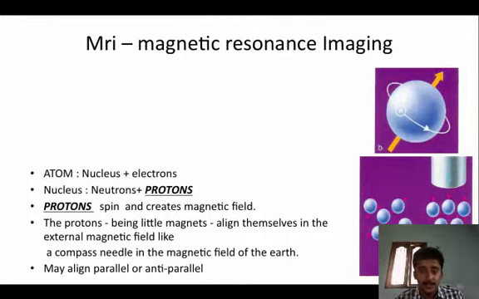Any atom consists of a nucleus and electrons. The nucleus consists of neutrons and protons. Neutrons are neutrally charged, they have no charge, but a proton has a charge. Any nucleus is considered to be spherical, and it consists of a proton.